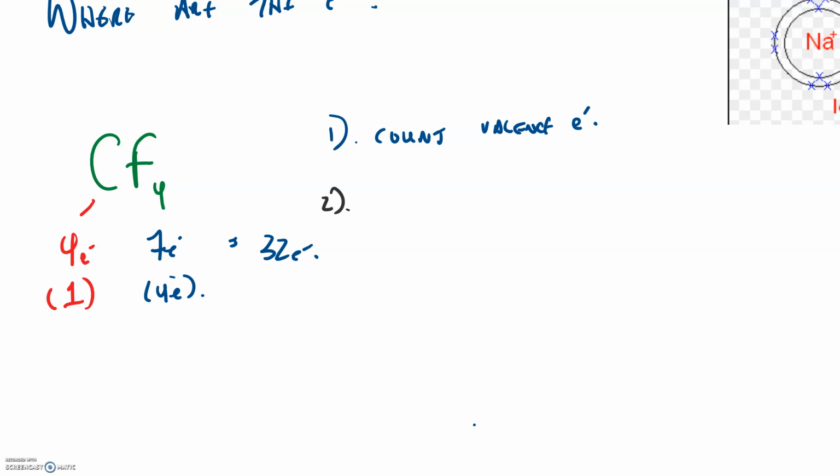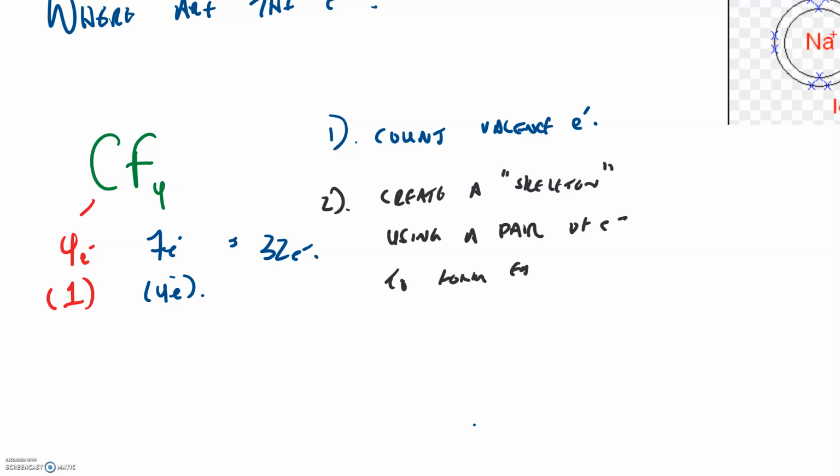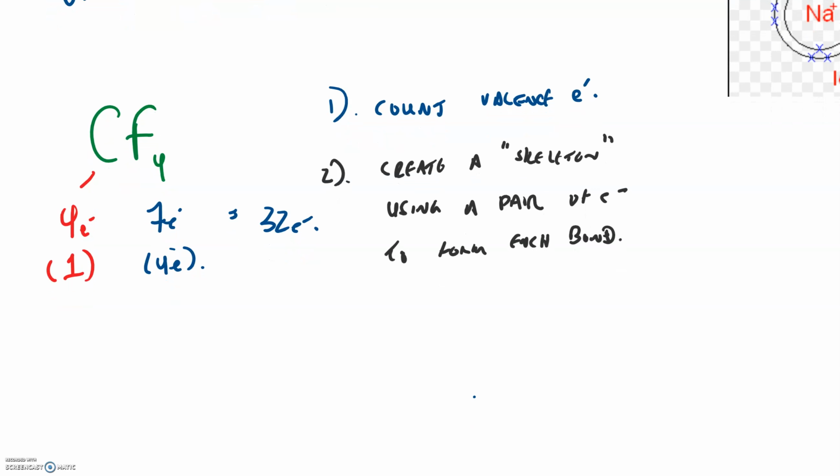Our second step is we're going to create what's called a skeleton. And the skeleton is going to use a pair of electrons to form each bond. So a skeleton for this particular molecule would look like this.